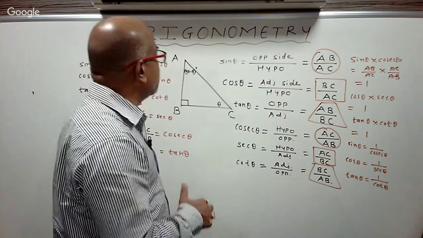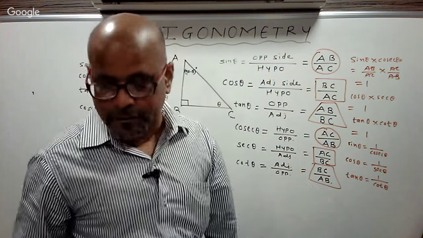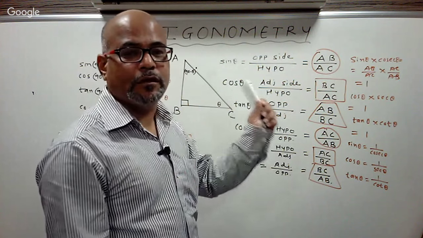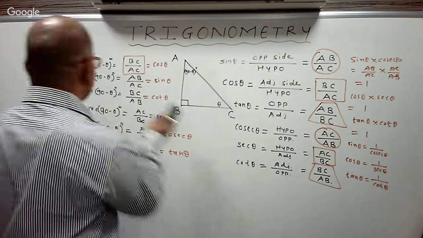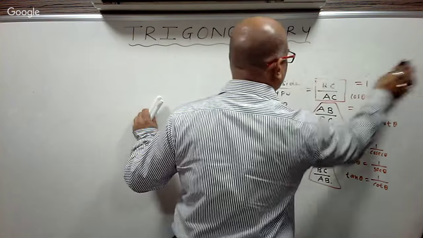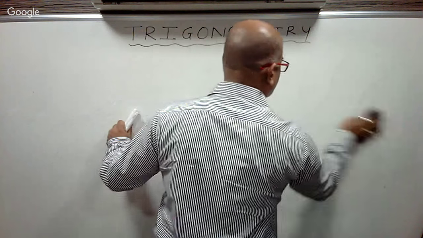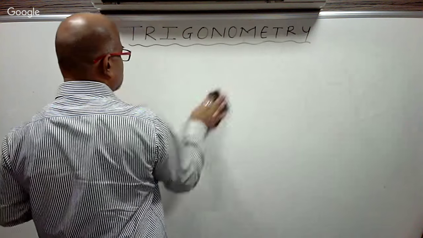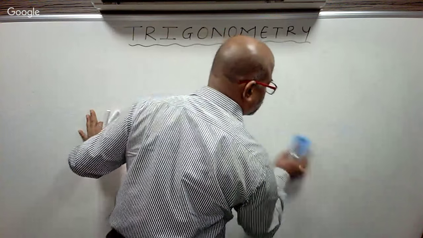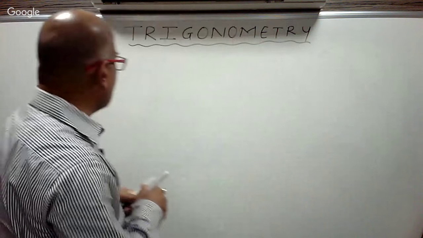Now let us check some trigonometric values for sin, cos, tan for some special angles, that is from 0 to 90 degrees, that is 0, 30, 45, 60 and 90. Here I am going to draw a table for that.